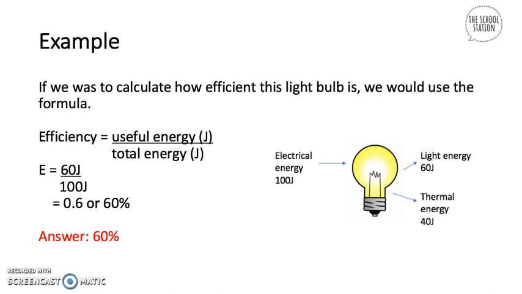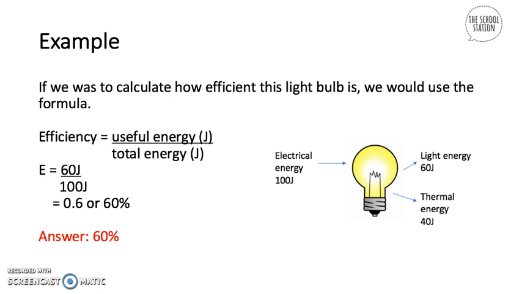It's really important to write down the formula during the exam. Don't just put it in your head, put it all down on a piece of paper, and then put 60 joules over 100 joules according to this diagram, and then you're going to get 0.6, and if they ask you for the percentage, all you have to do is times 100 and you will get the percentage of how efficient it is.